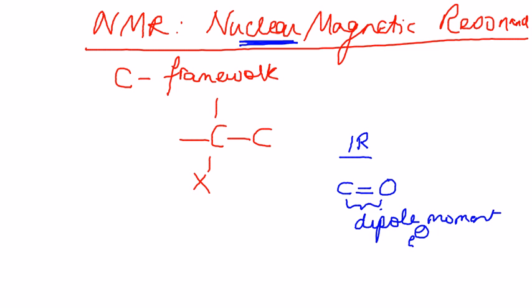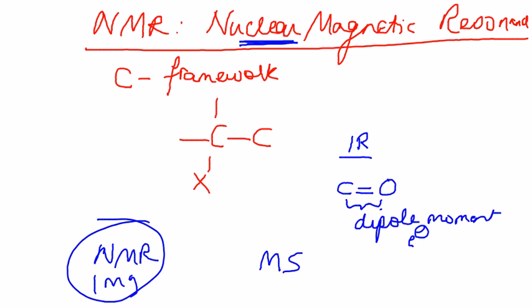Another difference would be just the way you run the NMR. The amount of sample that you require for a mass spec is actually very, very little. On the other hand, for the case of NMR, you probably will need somewhere around a milligram or so. So it's still a tiny amount. Mass spec is in the tune of microgram level.